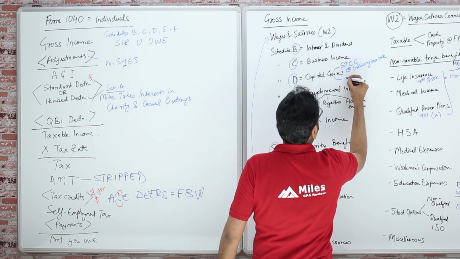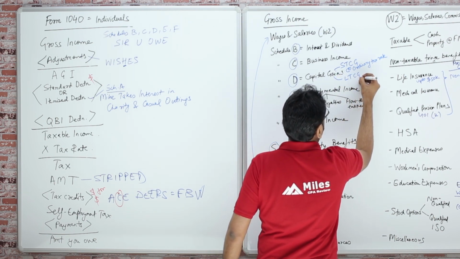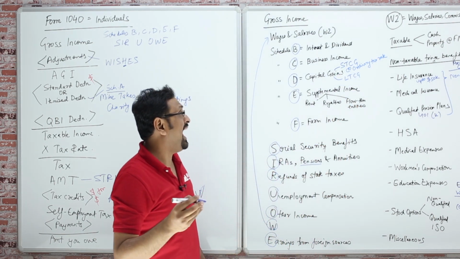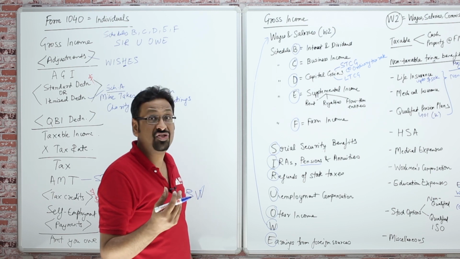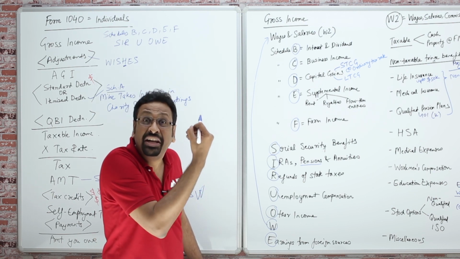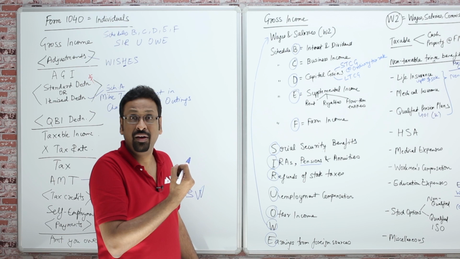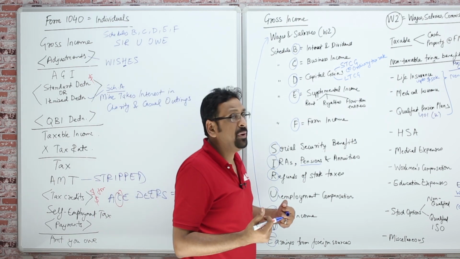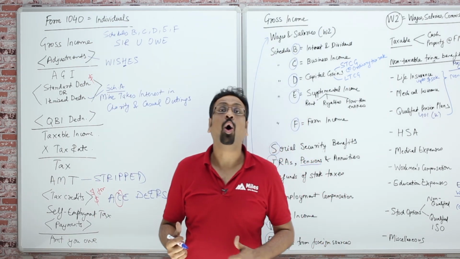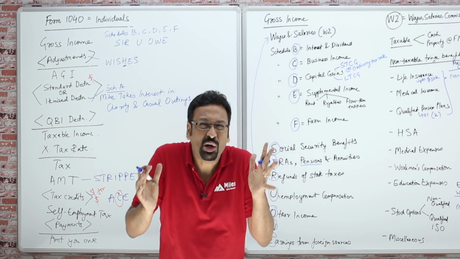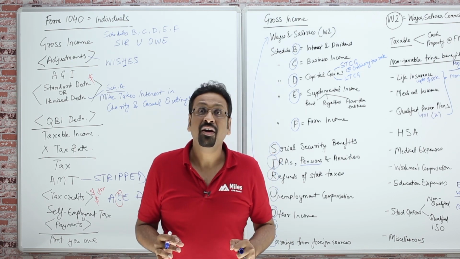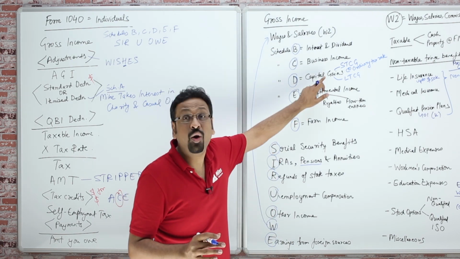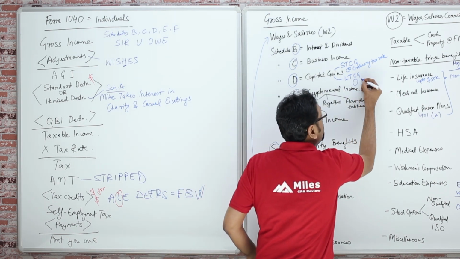Let's look at that. If you have a short-term capital gain, the tax rate is the same as your ordinary tax rate. But if you have a long-term capital gain, the tax rate is a lower, reduced tax rate. For taxpayers in the 10% or 12% tax bracket, the low income guys, the tax rate on long-term capital gains is 0%.